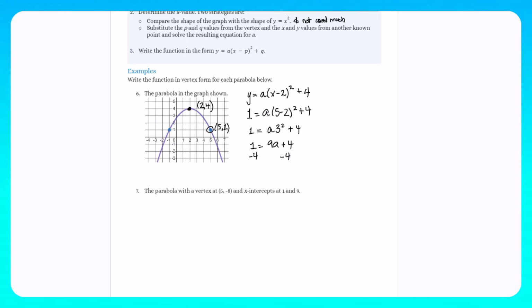We got to get rid of these. In this case, remember, because we are solving for a, we have to add or subtract before we multiply or divide. So this gives us -3 is 9a. Now we can divide.